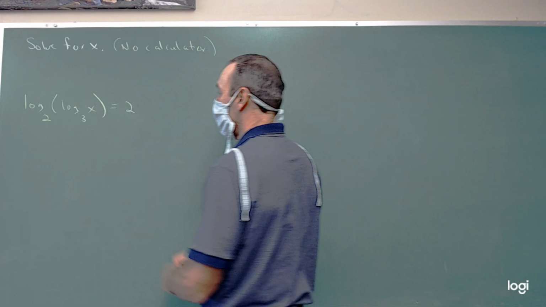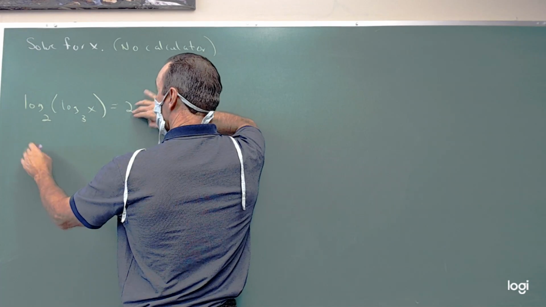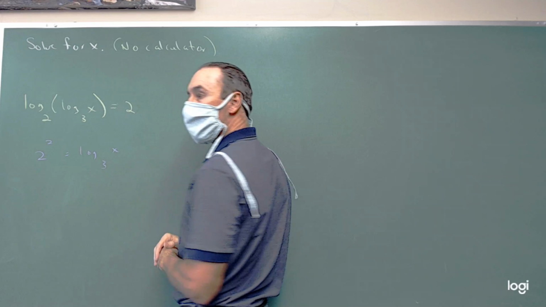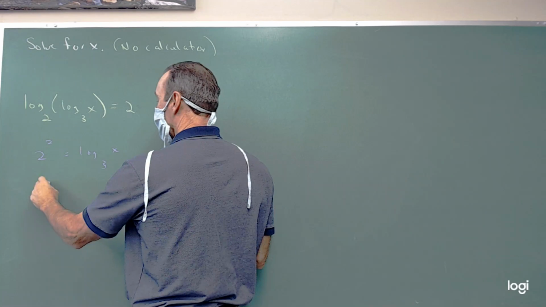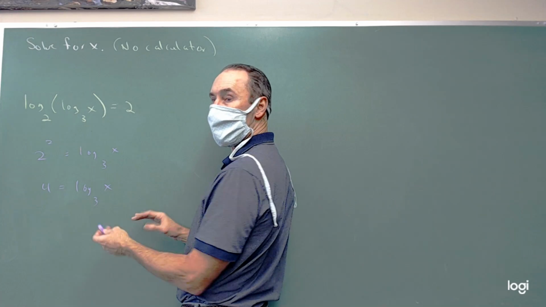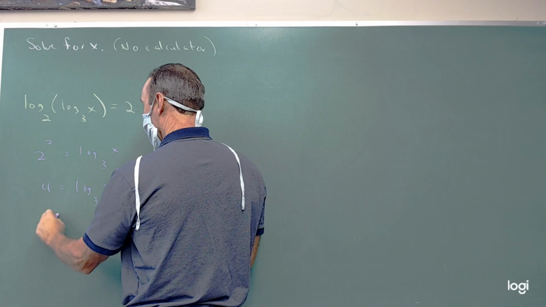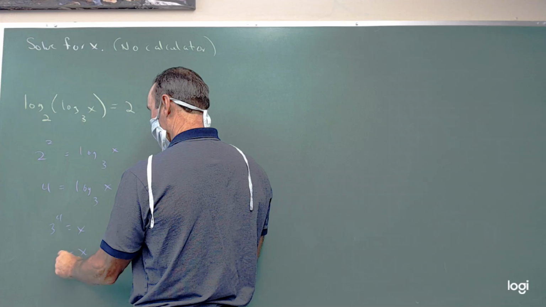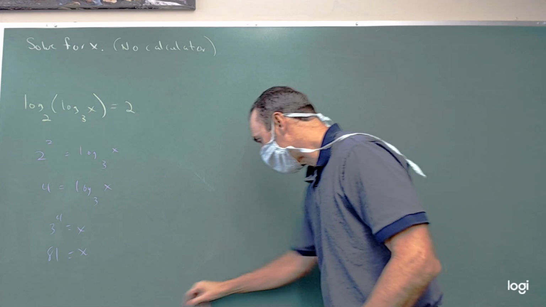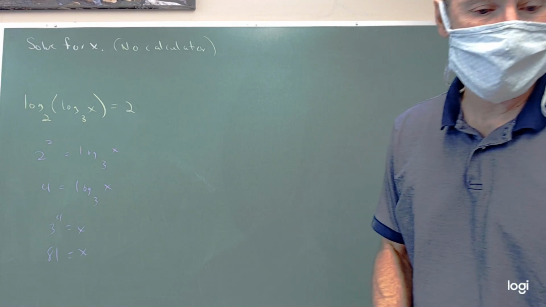So we are going to say, starting with the outside logarithm, 2 to the second is going to be the log base 3 of x. And 2 squared is 4, so we get 4 is log base 3 of x. Then we just do it again. 3 to the 4th is x, and we know that 4 3's multiply to be 81. Okay, let's do another one.